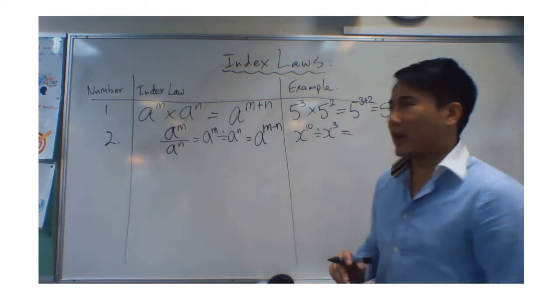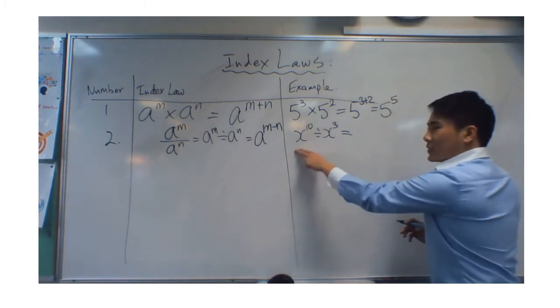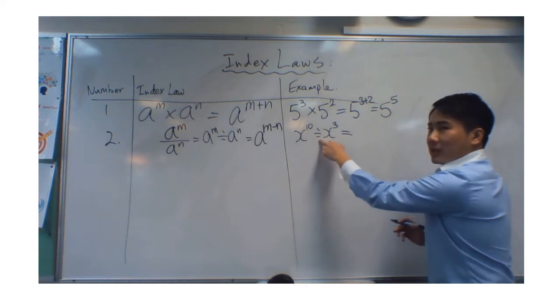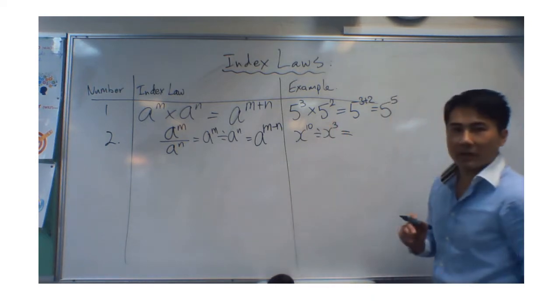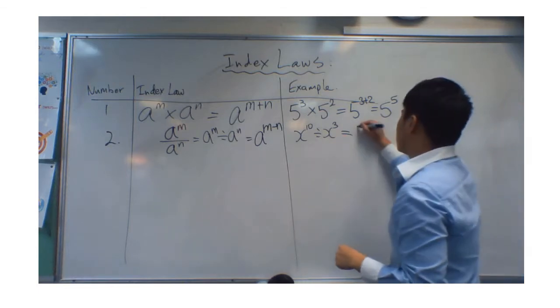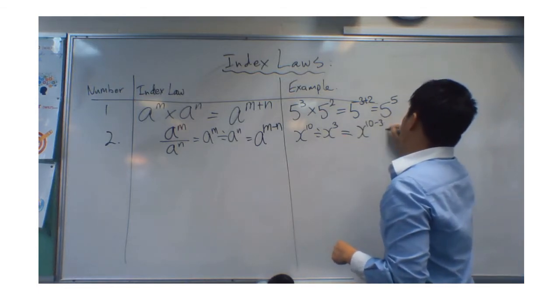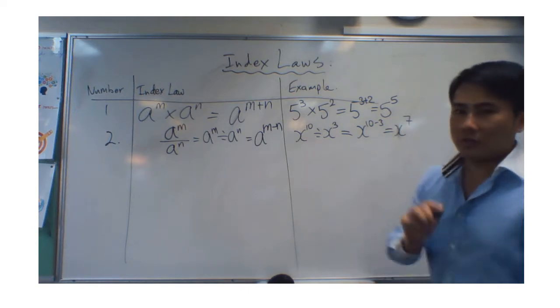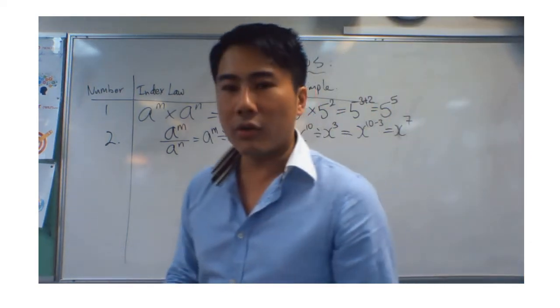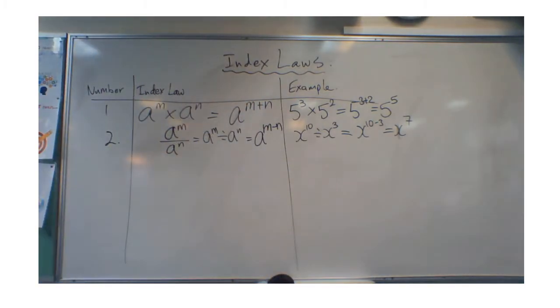Check. Do I have the same base? Yes, I do. Am I dividing? Yes, I am. I can just simply minus the 3 from the 10. So x^(10-3) equals x to the power of 7. That's how you use the second index law.